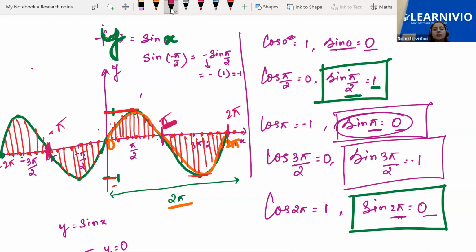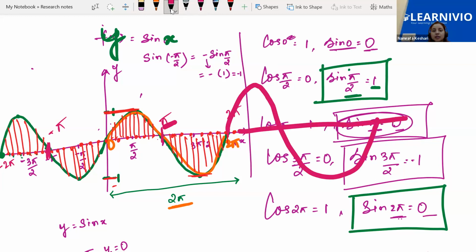Even numbers? Then pi is also there. If we continue this graph, it will go like this and will stop. Here you will get 2 pi, at 2 pi it is 0, here it will be 3 pi, there also you will find sine is 0, here you will get 4 pi, there also sine is 0. Can you see it?